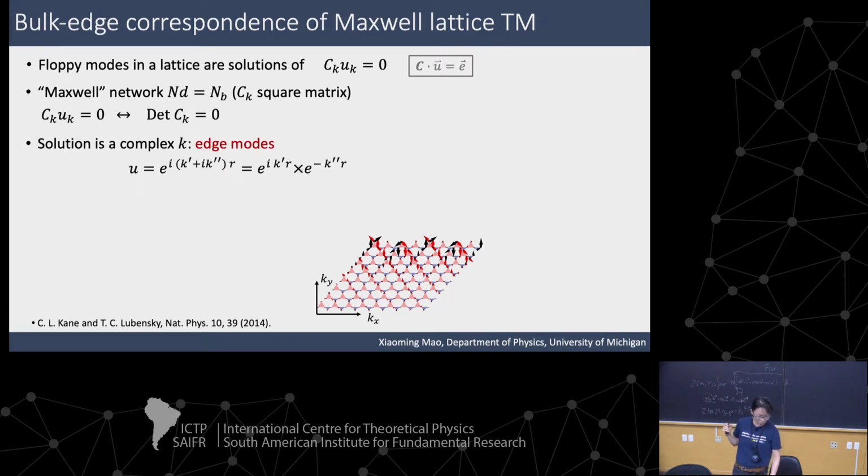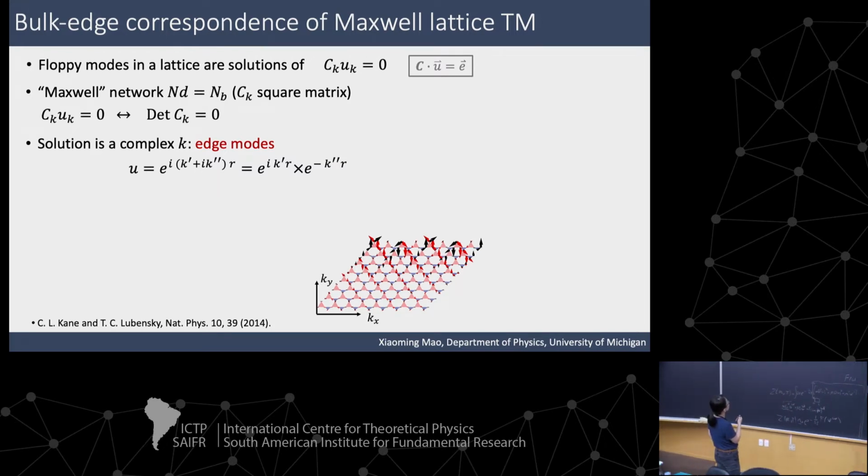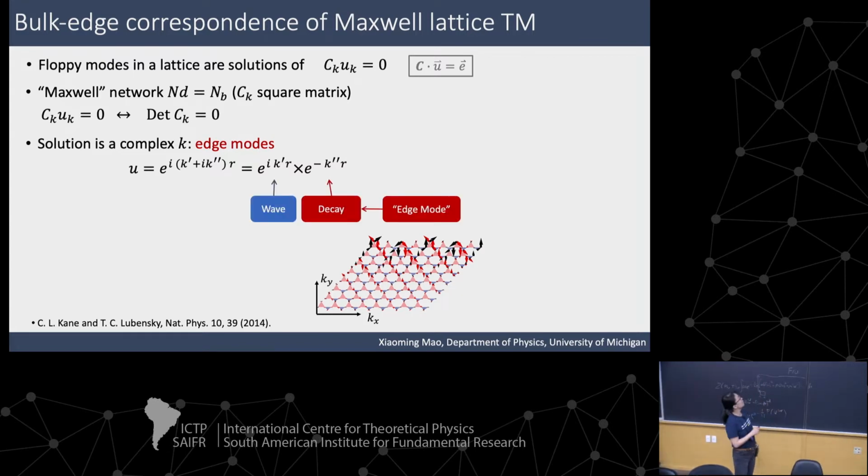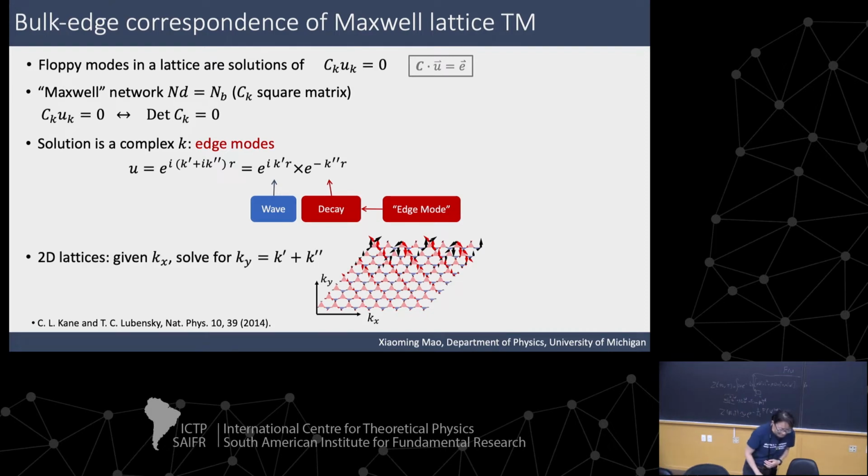And we know that when you have a complex k, that means you have an edge mode, right? If you have a wave vector that has a real and an imaginary part, the real part is the oscillation. The imaginary part is the decay or the growth, and it's a description of an edge mode, right? Then the important question we need to answer is, so this is another line.